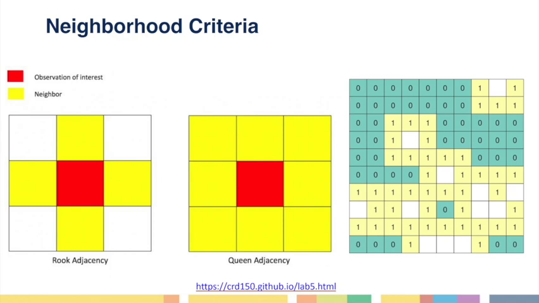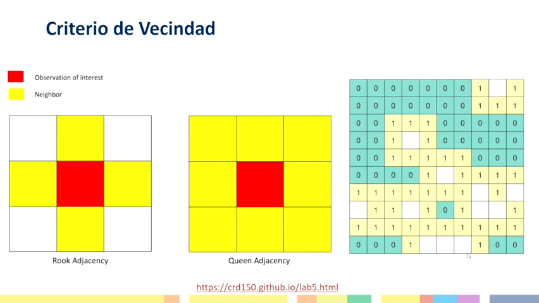Another interesting concept for quantifying that level of correlation, spatial correlation, is how the neighbors can be seen. These are two simple examples. You can have as a neighbor, this would be the rook type, where part of the border is shared.